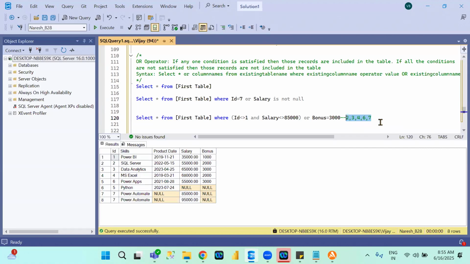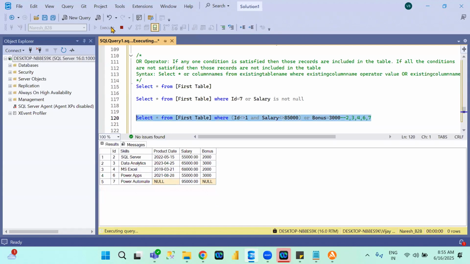Understand clearly? Okay. 2, 3, 4, 6, 7. Along with the first condition satisfied, with the OR operator, whichever records satisfy the second condition, in the same row, we need to include them. Other rows which satisfy it, those also we need to include. These are the rows: 2, 3, 4, 6, 7. Understand clearly? Is that clear?